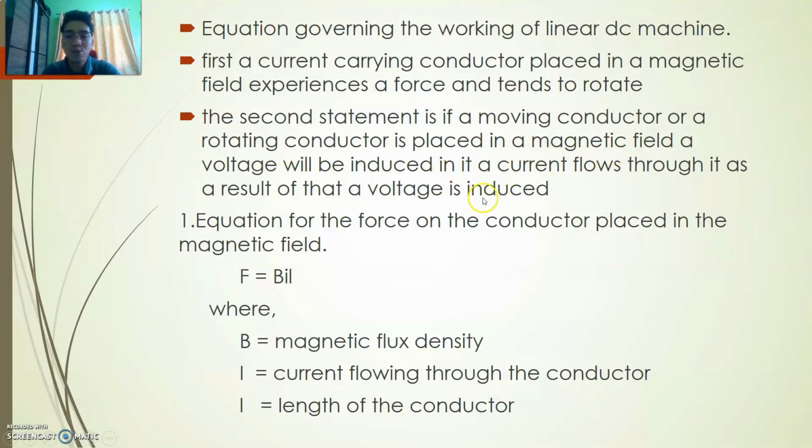According to the first statement, the magnitude of the force acting on the conductor is given by F equals B I L, where B is the magnetic flux density, I is the current flowing through the conductor, and L is the length of the conductor.